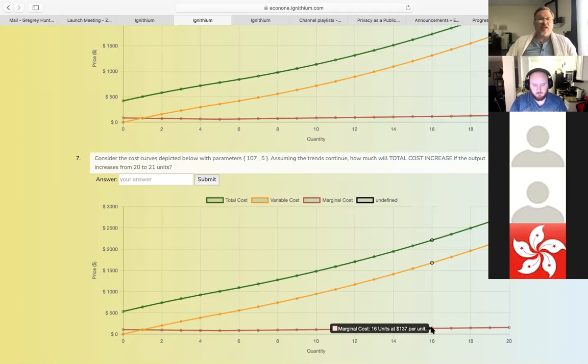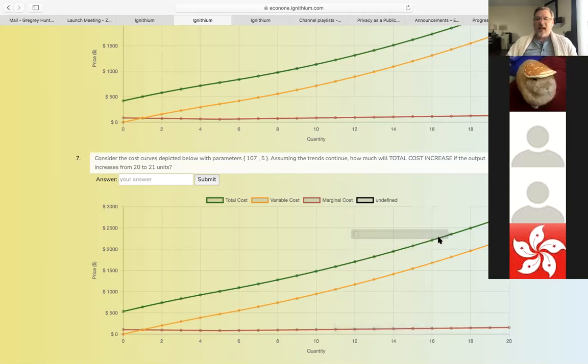And since only variable costs change, they're also equal to the change in the total cost, right? So down here, if I look carefully at how much the total cost is changing, you'll notice that that ends up being the amount of the marginal cost, right?